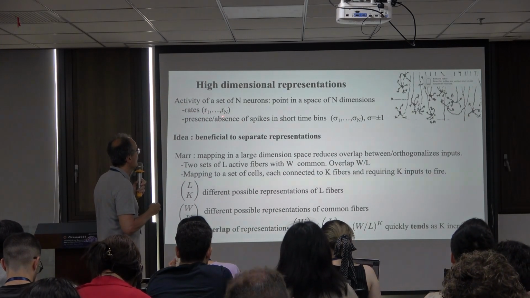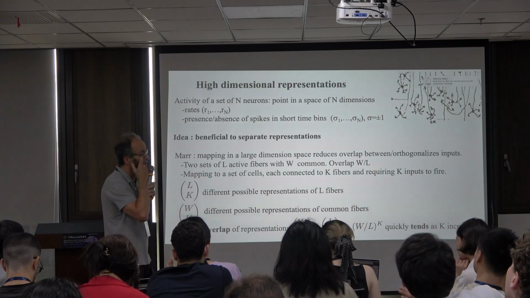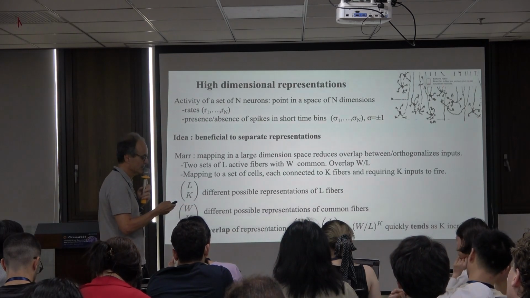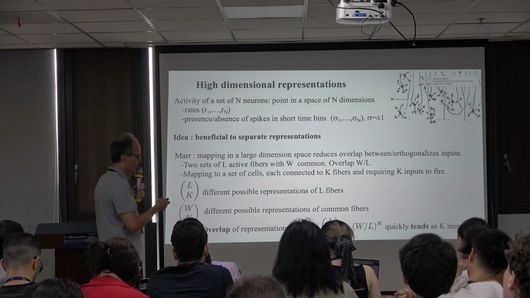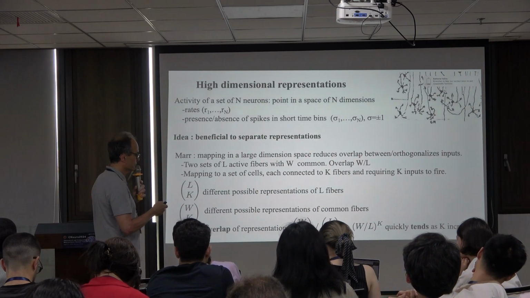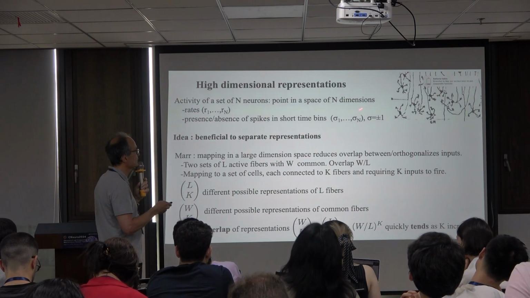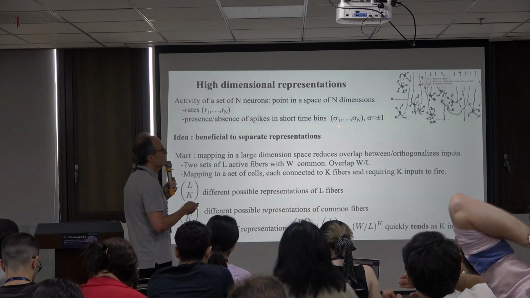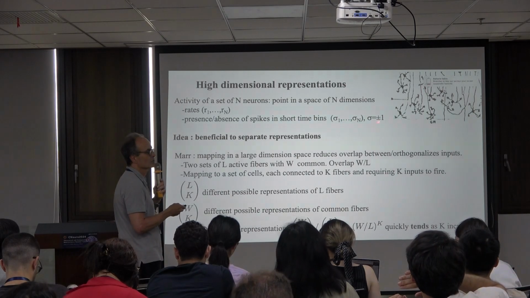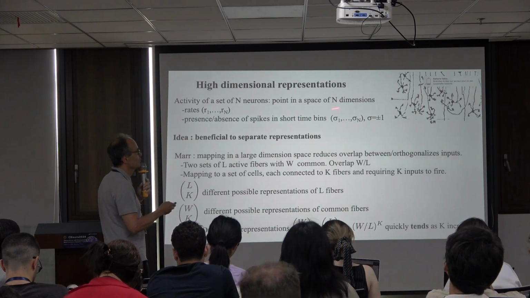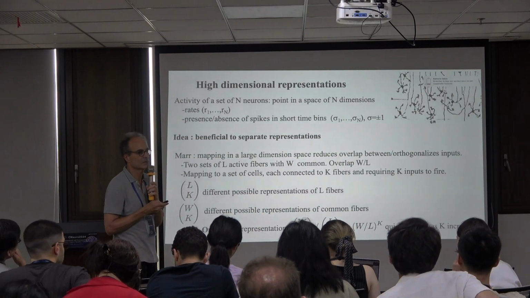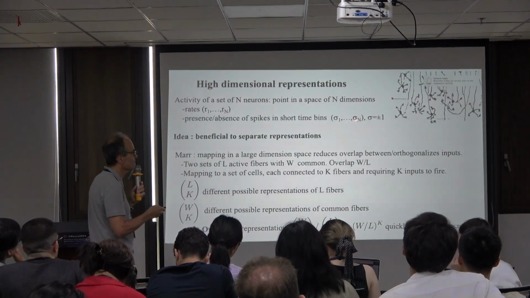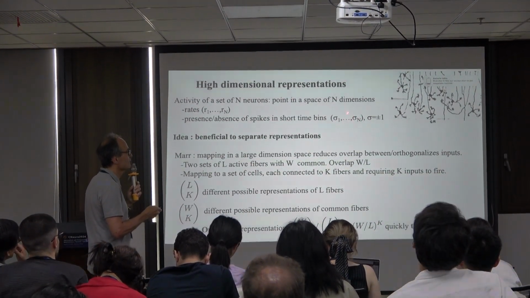It could be with rates, or if I take a spiking neuron and short time bins, I can have a representation with plus or minus 1, or 1 and 0, saying that I have a spike or not a spike in this time bin, and plot this in a space of size n.